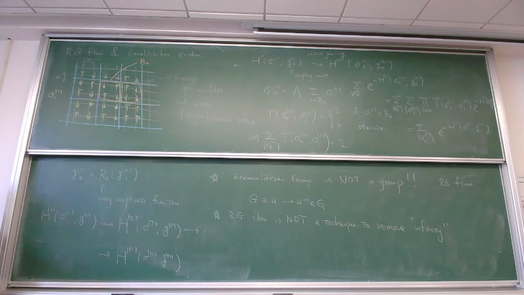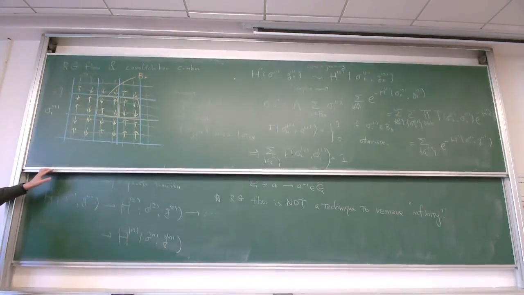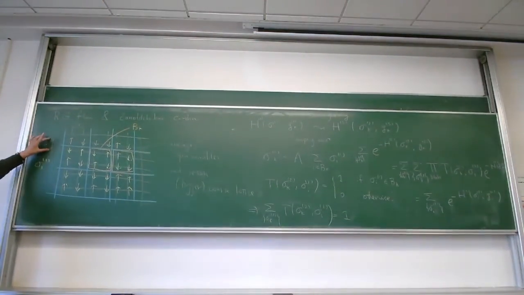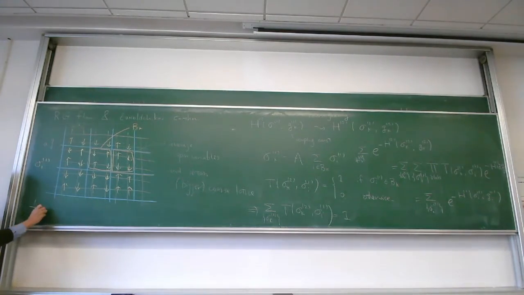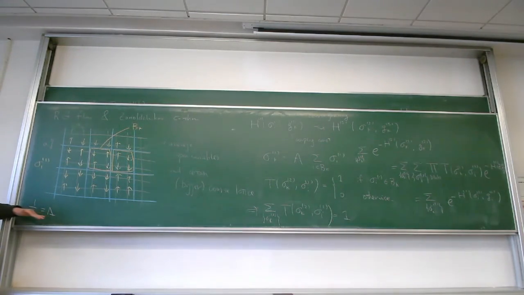If you start with A, this distance is very small. People say that 1/A is equal to lambda. This is the UV cutoff. You introduce it, and then get rid of the dependence on lambda. That's how you do that.